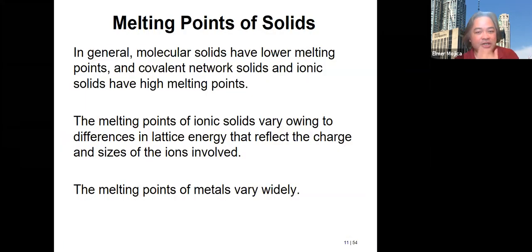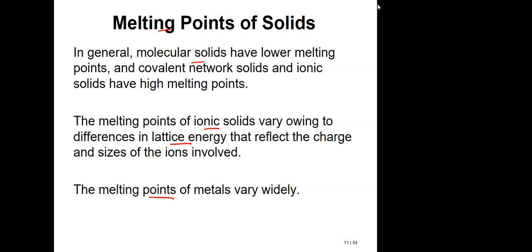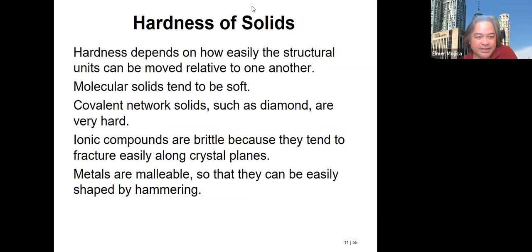If you're going to look at the melting points, the molecular solids have lower ones. For the ionic solids, it depends on the differences in the lattice energy that they have. The melting points of the metals usually vary. One of them is even what? Liquid at room temperature. What metal is liquid at room temperature? Anyone? Mercury. Okay.